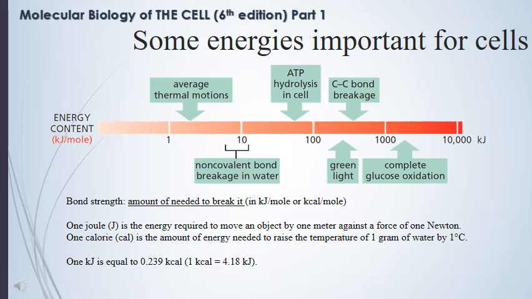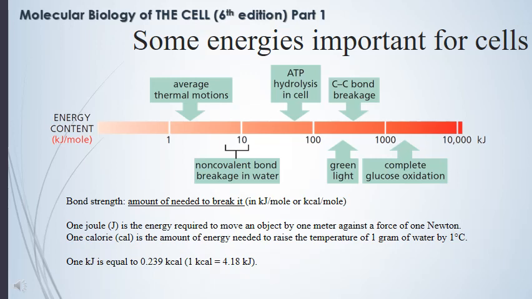We have ATP hydrolysis in the cell, which is a very important event in energy processes in the cell. So this basically represents the bond strengths that need to be broken, right? And obviously non-covalent bonds are much weaker than covalent bonds.